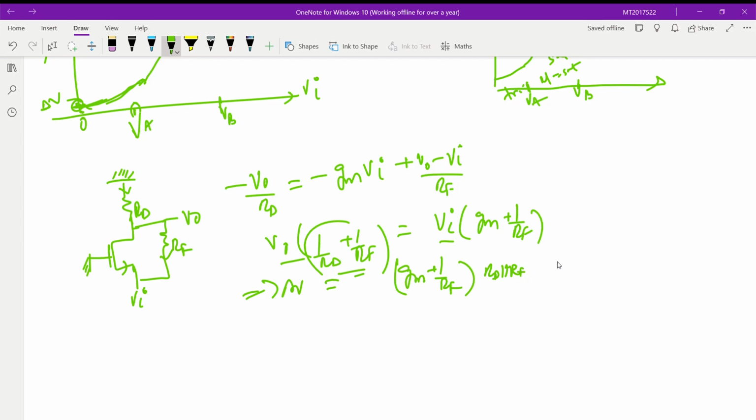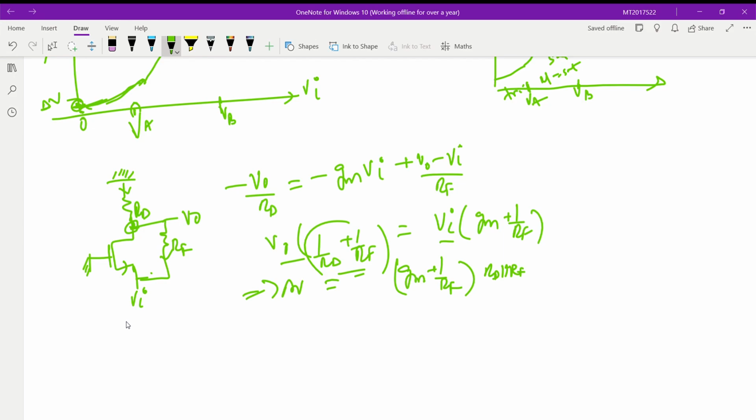Okay, so this is the answer, but let us look a little deeper into the solution here. We have simply solved the current equation at this node and found out this number. But couldn't we also find out the current equation here at this node, right? So it's the same circuit.